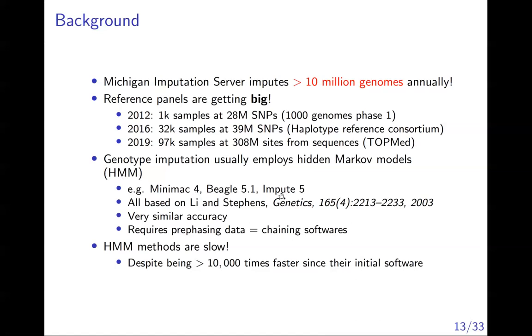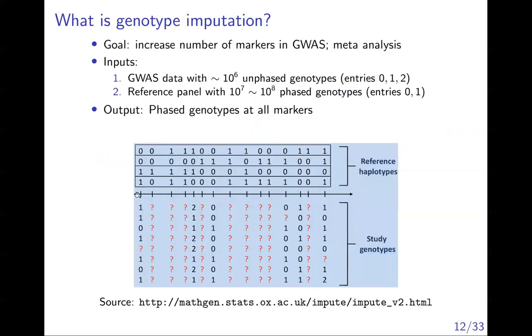In fact, they are all based on the same hidden Markov model, the Li and Stephens HMM. Because of that, all of these softwares have very similar imputation accuracy. They also require you to pre-phase your data. What that means is the input genotypes have to be phased first. That phasing is also non-trivial. In fact, sometimes it takes longer than imputation.